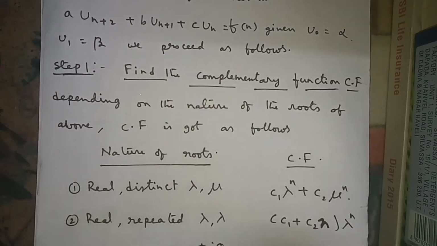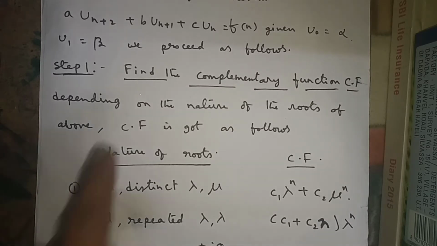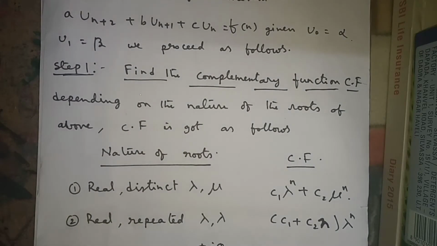Now, step 1. First of all, by using the complementary function particular integral method, we have to find the complementary function using the LHS. Depending on the nature of the roots, by using the LHS part, we have to write the auxiliary equation and find the roots of the auxiliary equation.